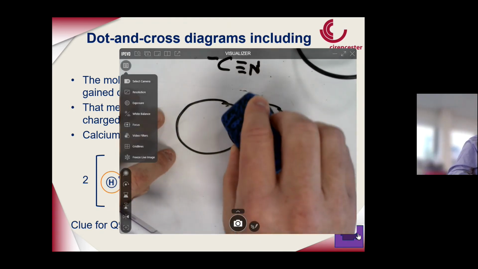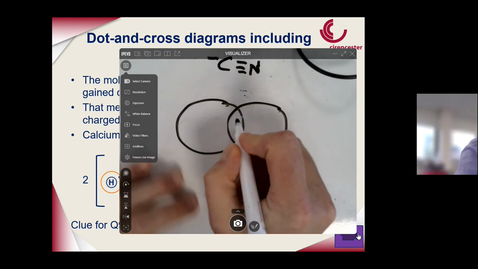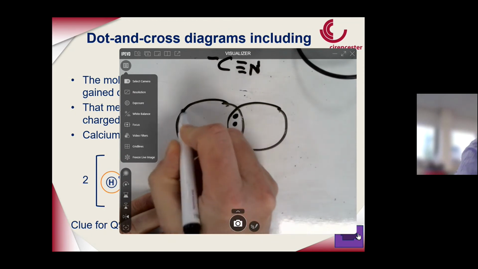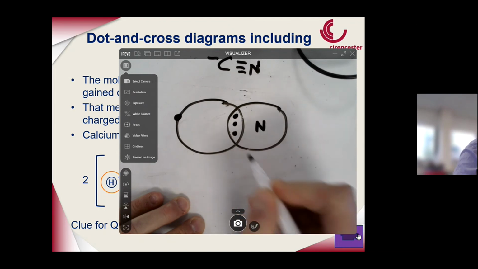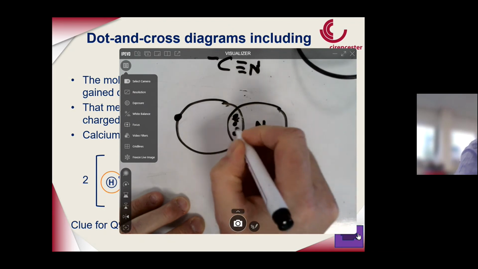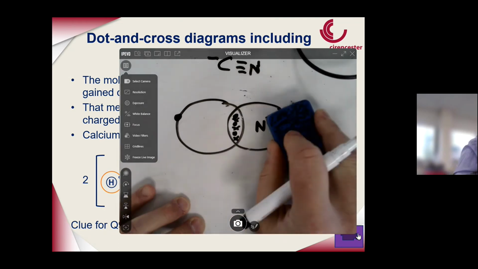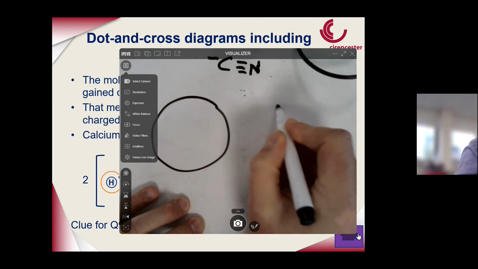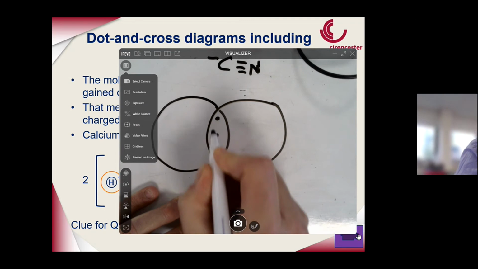So let's rub this out. So carbon has got 4 of its own electrons, 1, 2, 3, and 4. Nitrogen has got 5 of its own electrons, so there's 1, 2, 3, so there's 3 crosses. Let's make this bigger. So we've got 1, 2, 3.